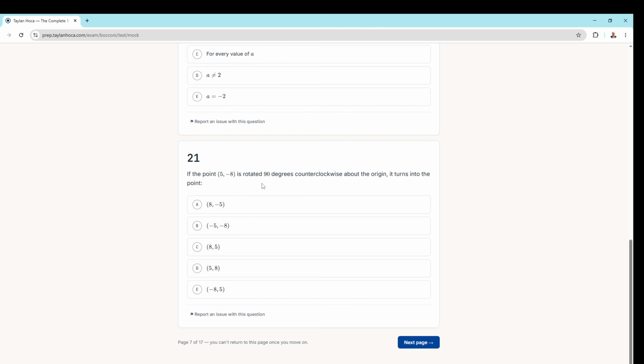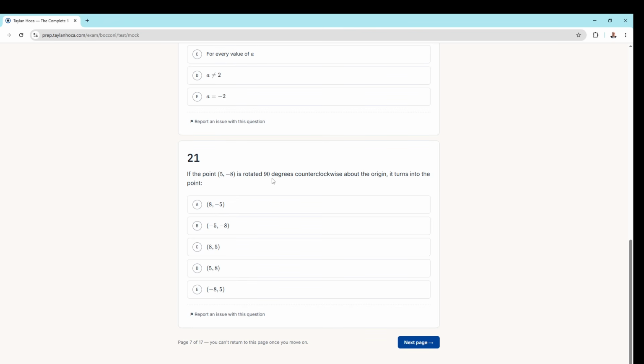If the point (5, -8) is rotated 90 degrees counterclockwise, look, I draw very simply. (5, -8) is in the fourth quadrant, right and down, bottom right. These are the quadrants in analytical geometry.